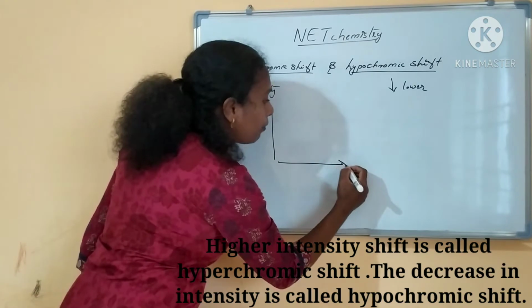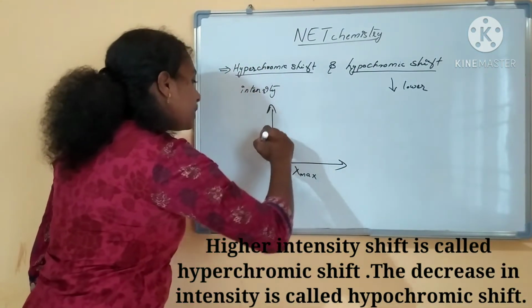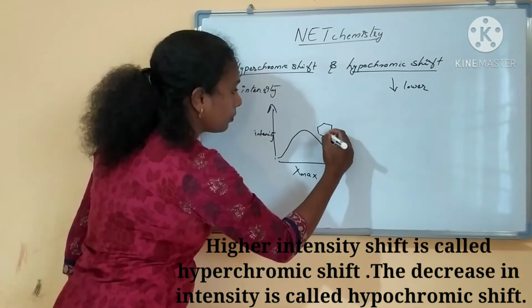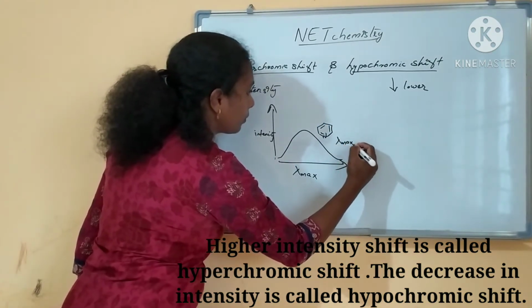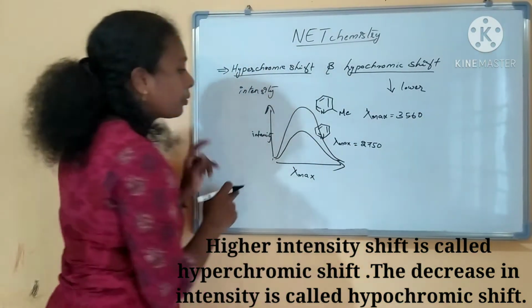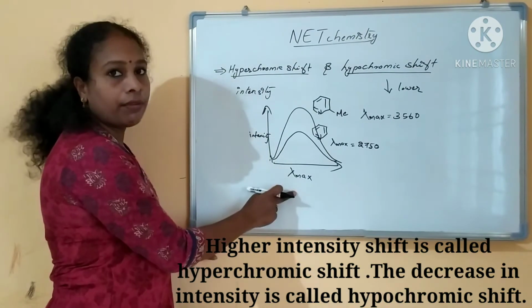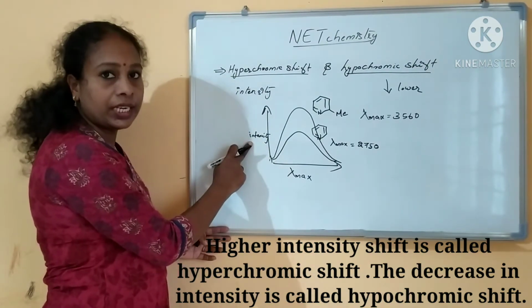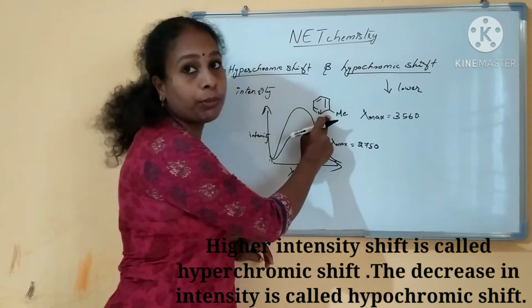If you plot a graph of lambda max against intensity, you get two graphs, one for pyridine and one for 2-methyl pyridine.